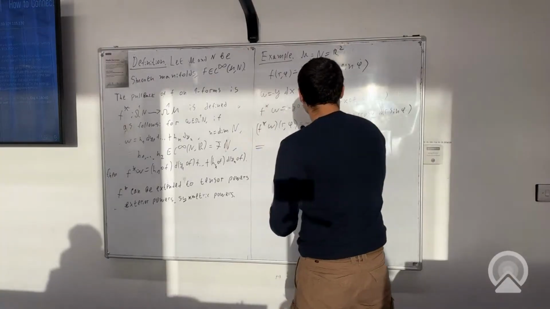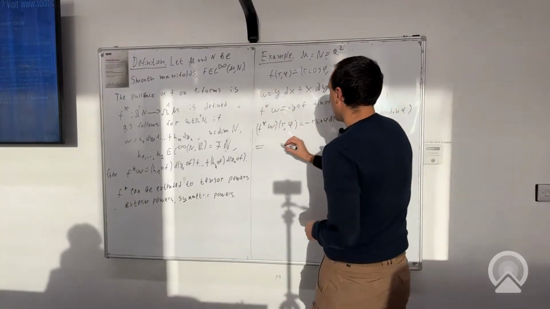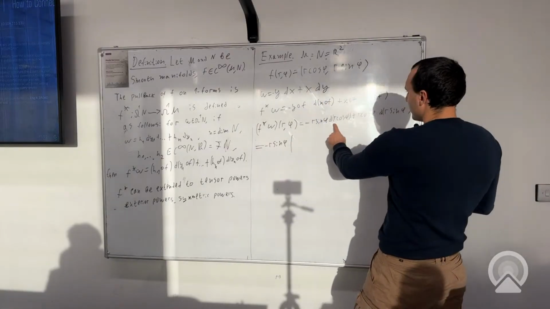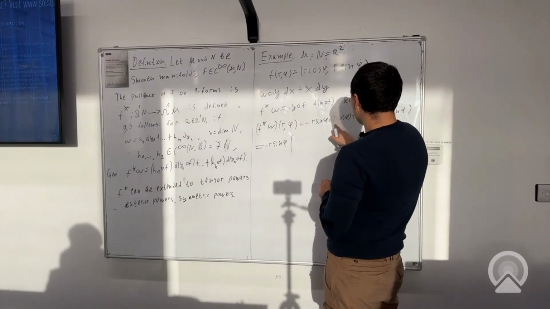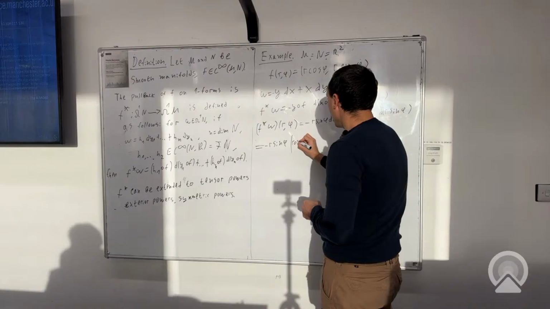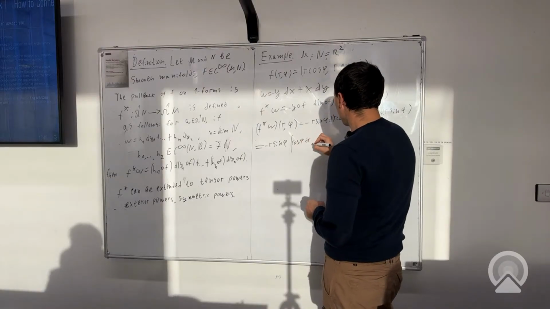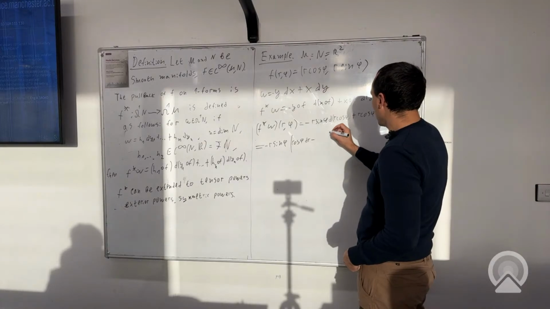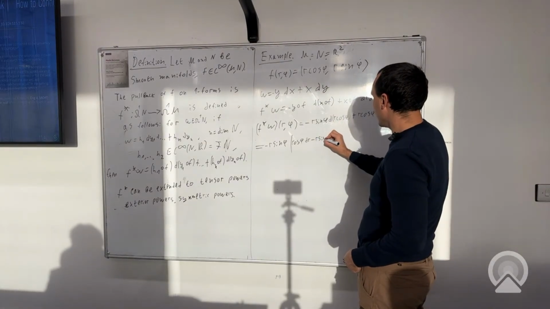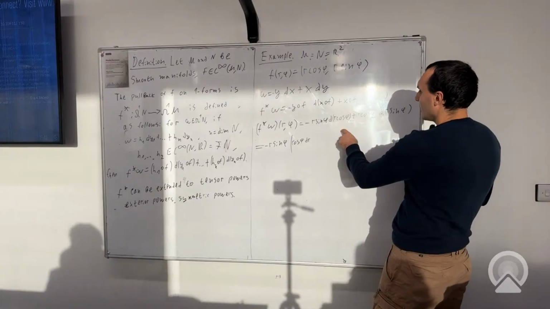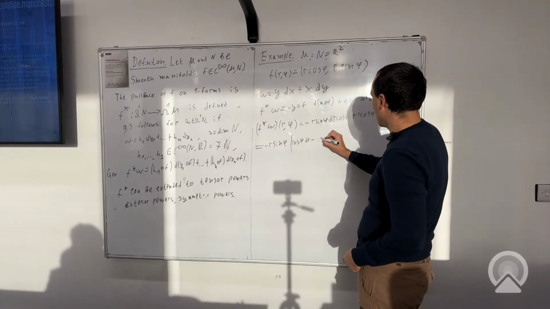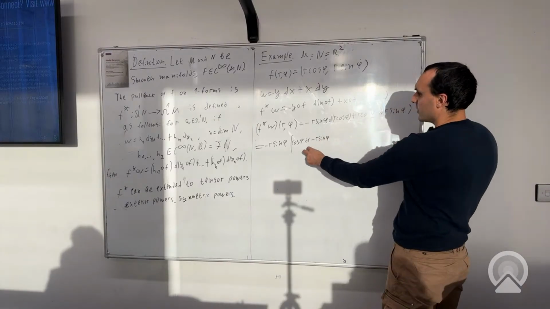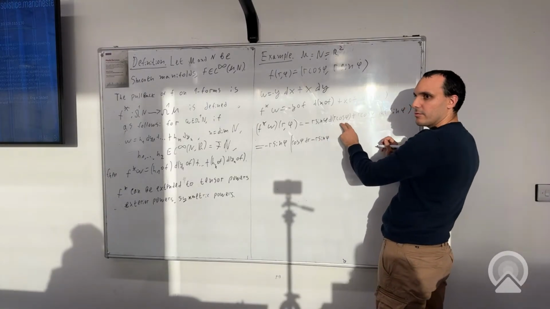And expanding this, we have cosine phi dr minus r sine phi d phi. So we are differentiating with respect to r and with respect to phi.